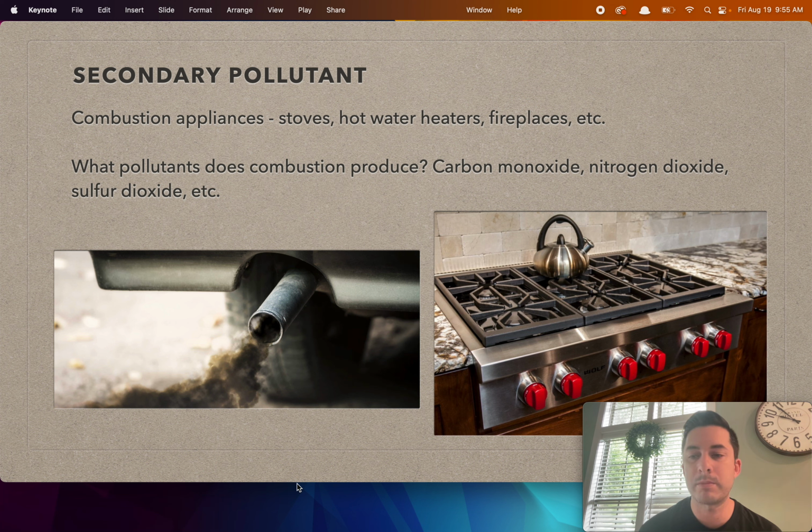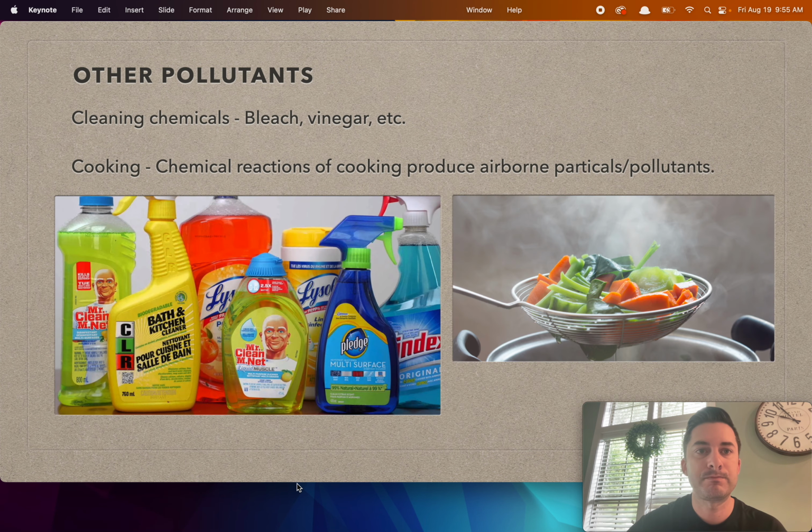However, combustion appliances do produce carbon monoxide, nitrogen dioxide, sulfur dioxide, essentially everything that comes out of a car exhaust. And we do have things like range hoods that are supposed to mitigate that, and they do an okay job, but they're not always super effective. So all these pollutants produced by burning gas are in our houses, and we end up breathing them into our lungs.